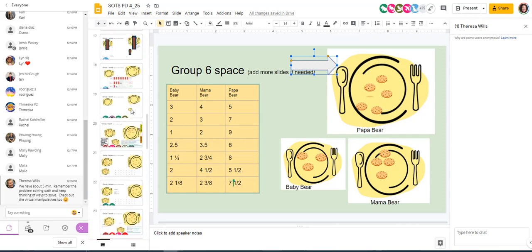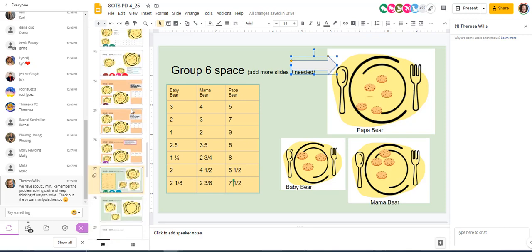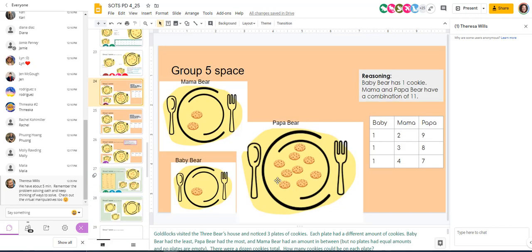Let's see. How do you want to represent that? I don't know. That's a good question. It's especially hard with drawing it, especially the thirds.